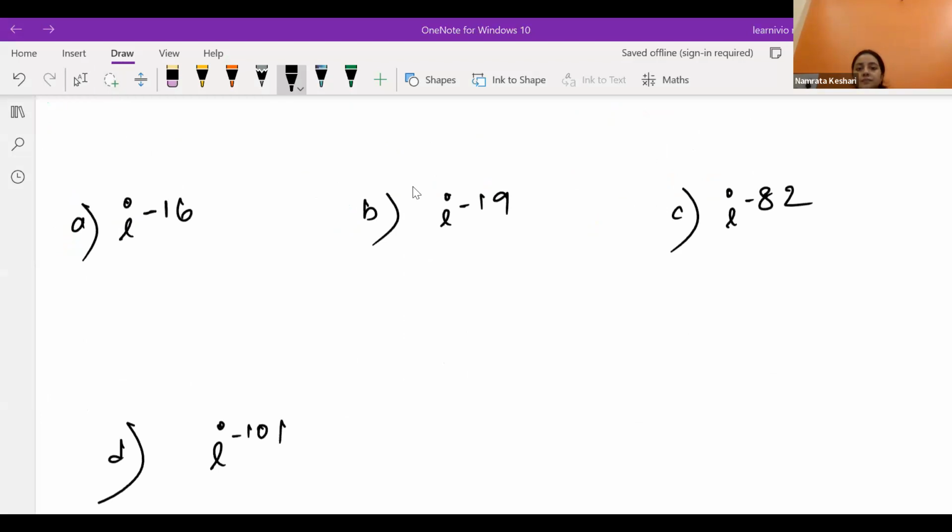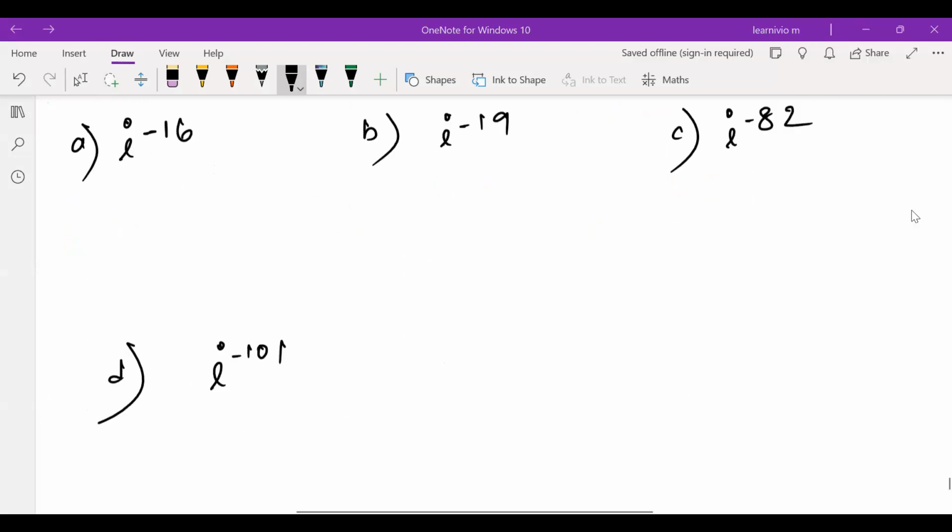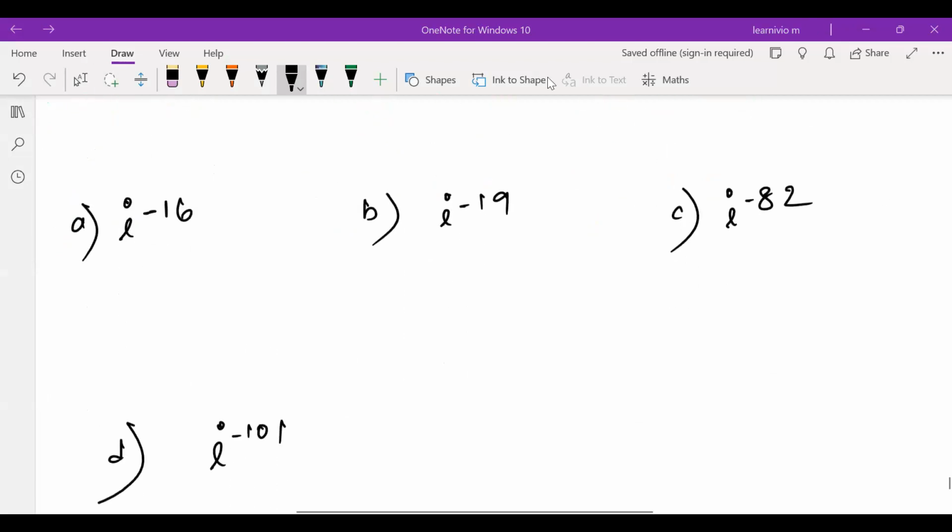Yes, Ali. Please do it now. Equal to 1. Yeah. I to the power minus 16 we are having.